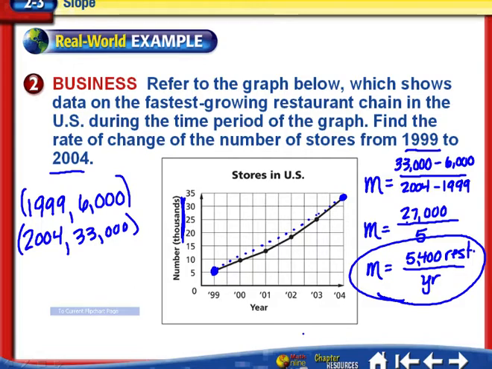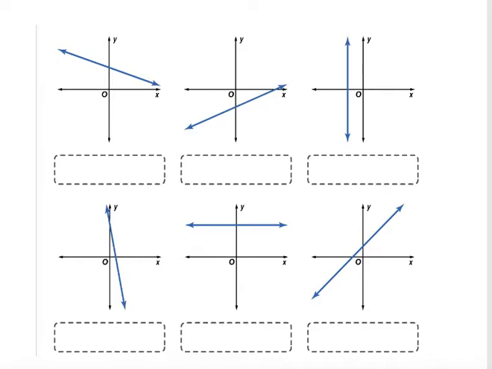So let's just review the idea of slope very quickly. So you can see 6 lines here, and I just want to understand not the exact value of the slope, but whether that slope would be positive or negative. So notice if I would pick 2 points on this slope, and I would go from one to the other, I would have to make a negative change and a positive change.